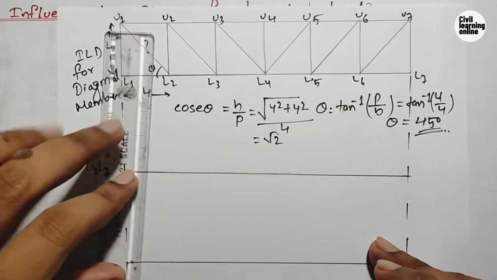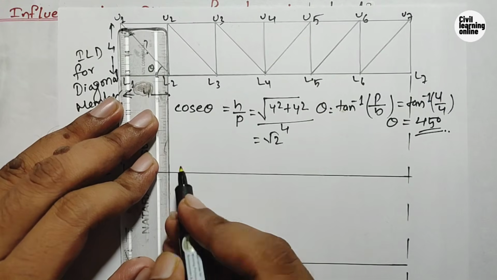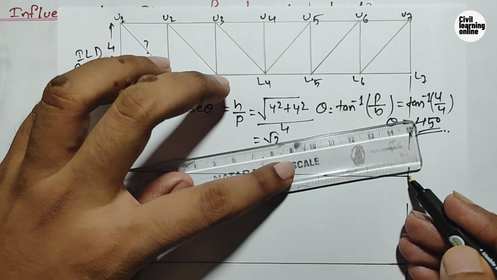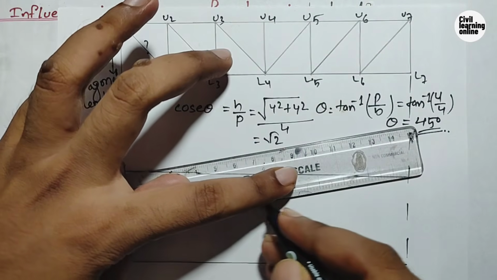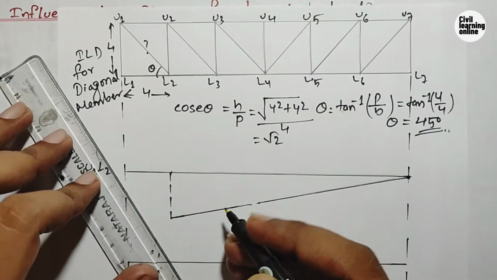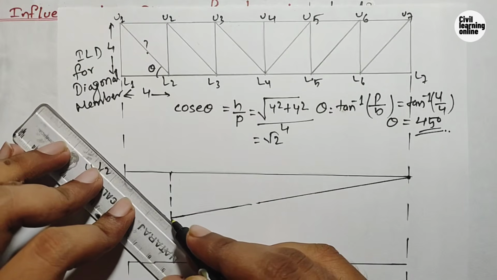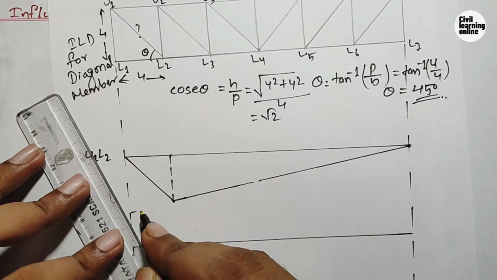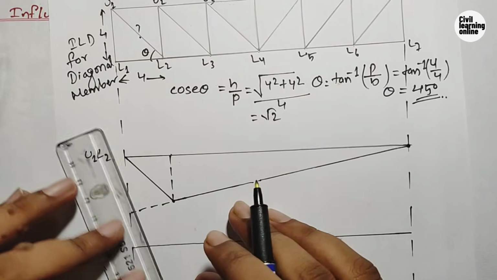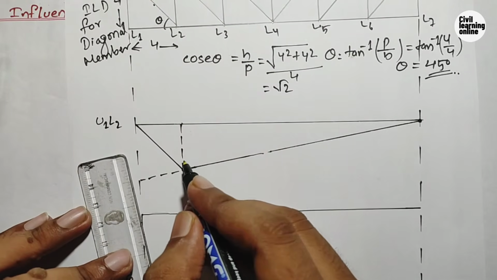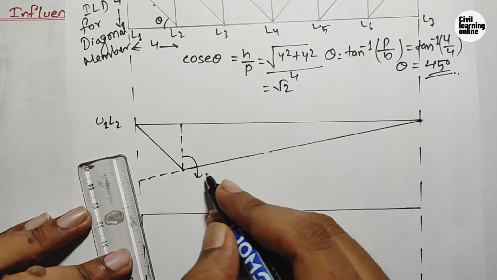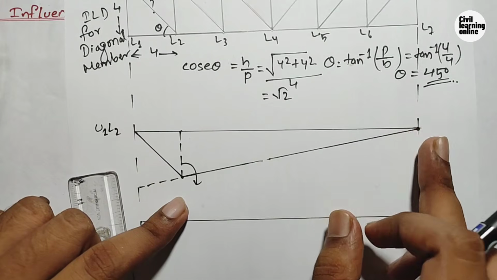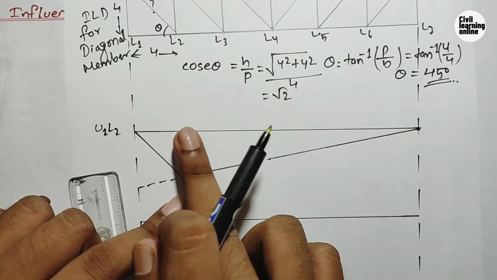So the load is transferred at L2, so draw a dotted line at L2 and join it up to here, like this, and again join this, and then produce this. So here now we can easily calculate the value of this point, and it is going to be from here to here, because the value of x is increasing from L7 to L2.